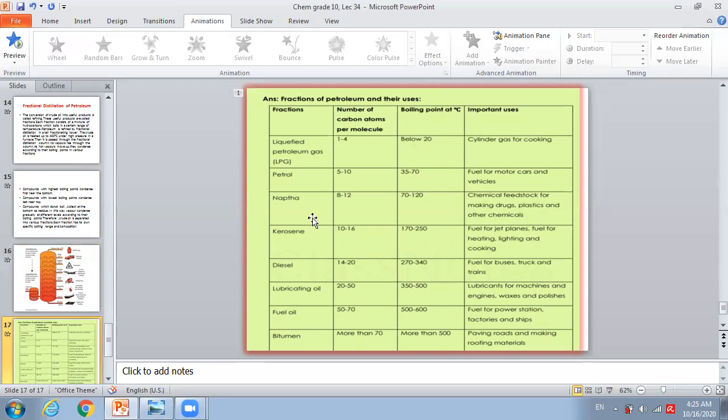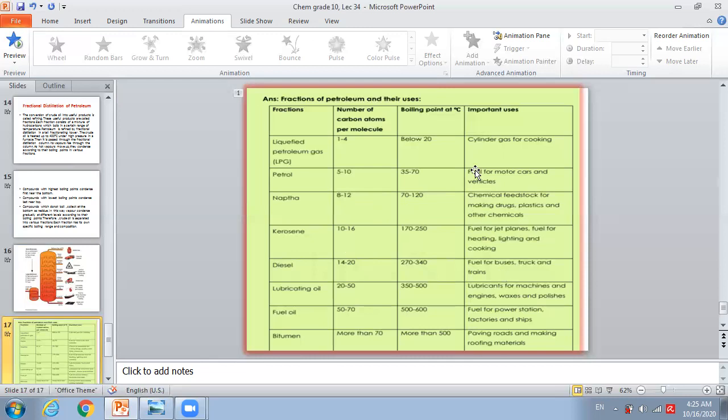Then we have naphtha. It has 8 to 12 carbon atoms, and the boiling point is 70 to 120. Then the same for kerosene, diesel, lubricating oil, fuel oil, and bitumen, and their carbon numbers are mentioned here. Then their boiling points, and the last column is their important uses.